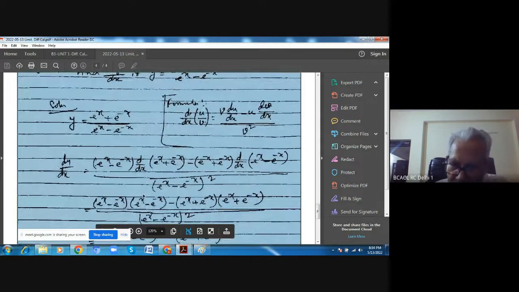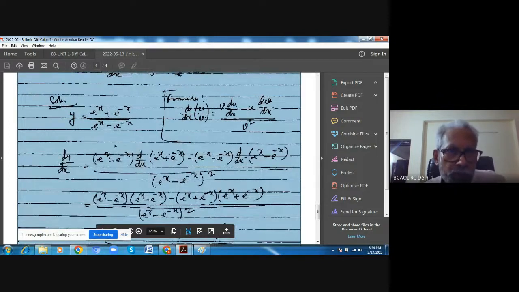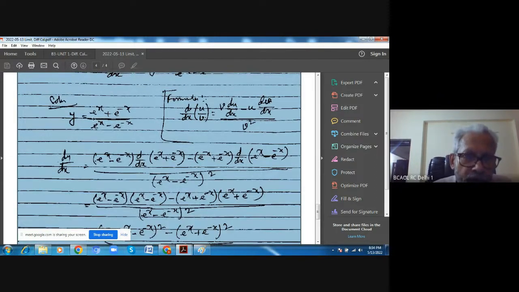If we consider this formula, you can derive these things. Same thing, now you see what happened. As usual, this is v, so it comes here. Then the derivative of u, this portion, we write here.